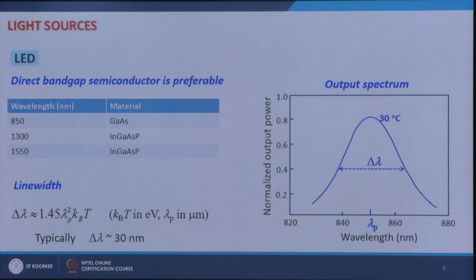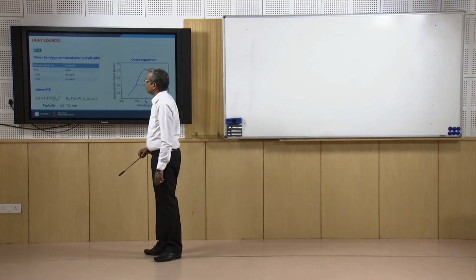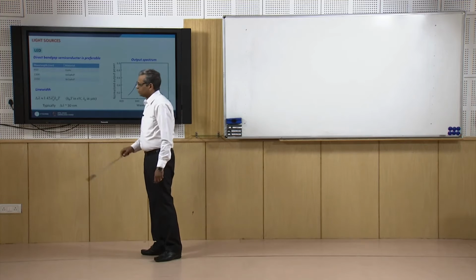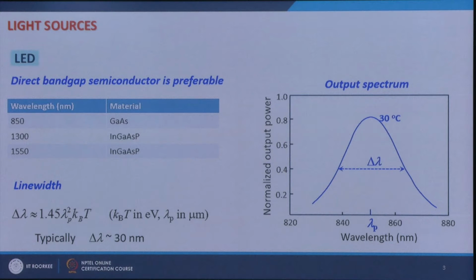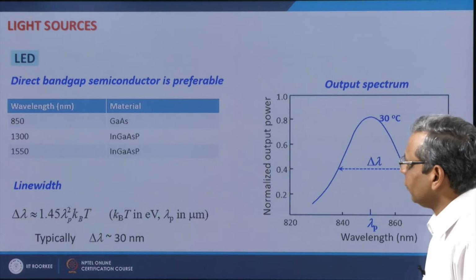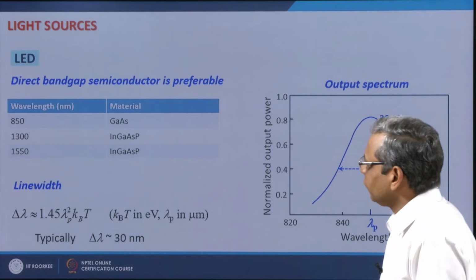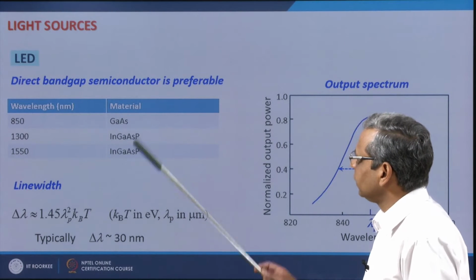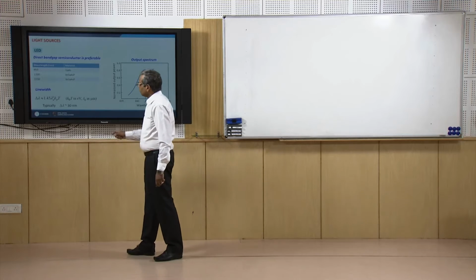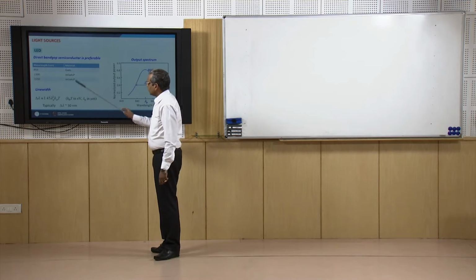If we look at light sources, we have the LED, which can be made from semiconductor materials of direct band gap. There are certain materials and wavelengths at which we can make the light source. At 850 nanometer wavelength the suitable material is gallium arsenide, while at 1300 and 1550 nanometer wavelength we use indium gallium arsenide phosphide.